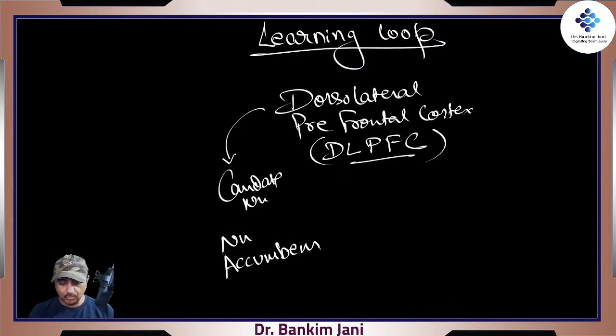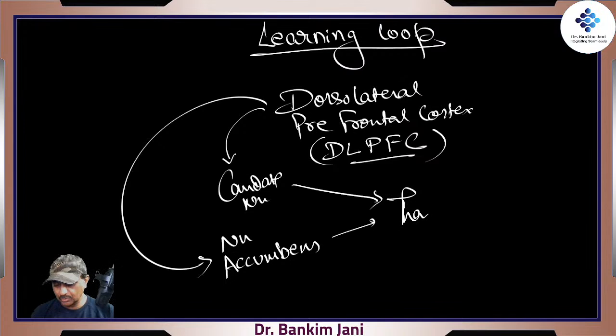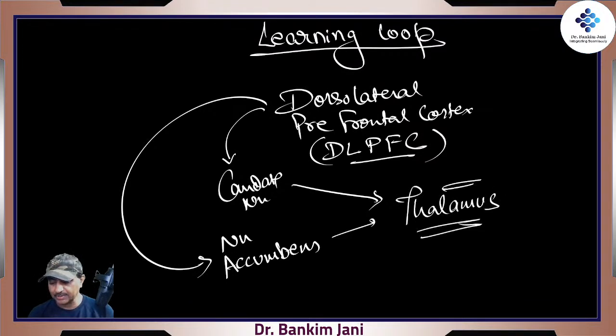Both of them will be acting on the thalamus. So now we know the importance of nucleus accumbens, thalamus, and then that thalamus will be acting on the cortex.